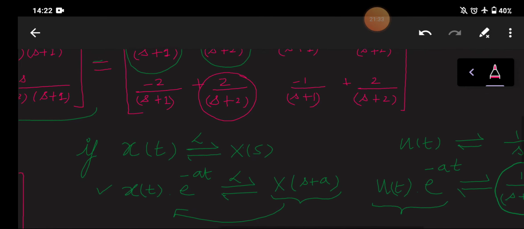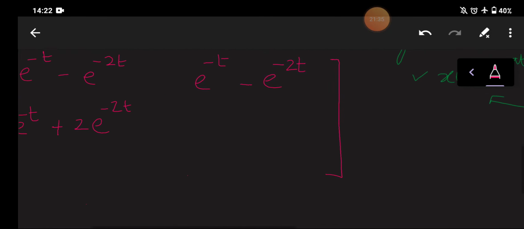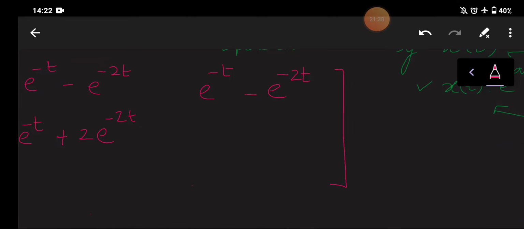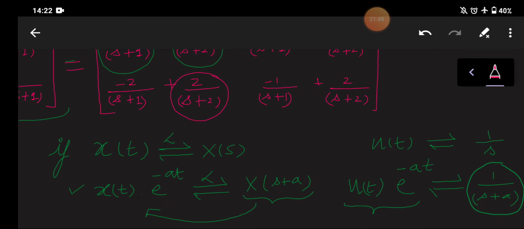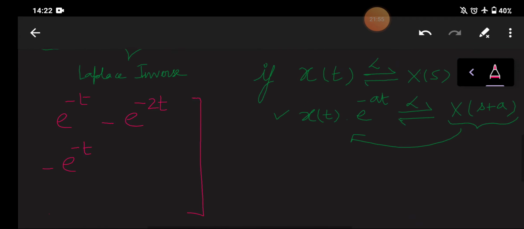Now minus 1 divided by s plus 1, that is minus e to the power minus t. Then for this term, 2 divided by s plus 2, that is 2 multiplied by e to the power minus 2t.